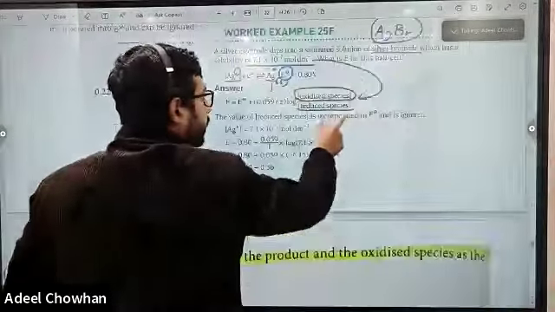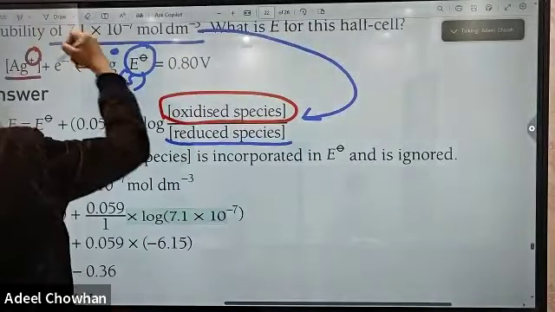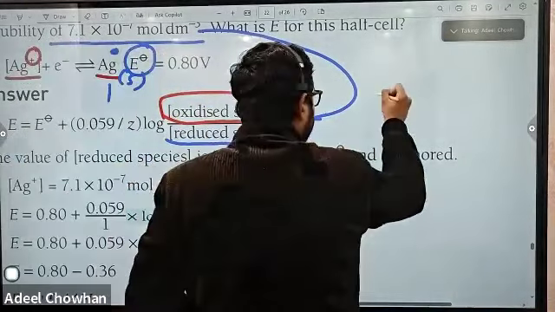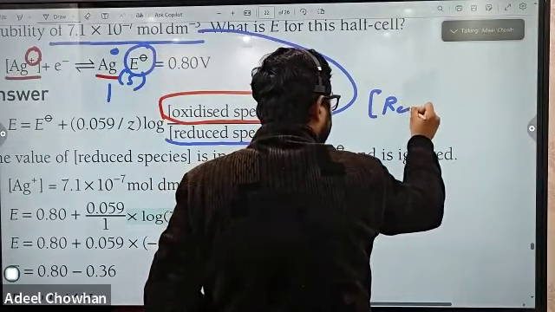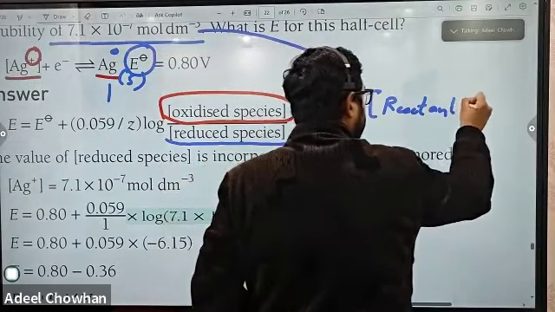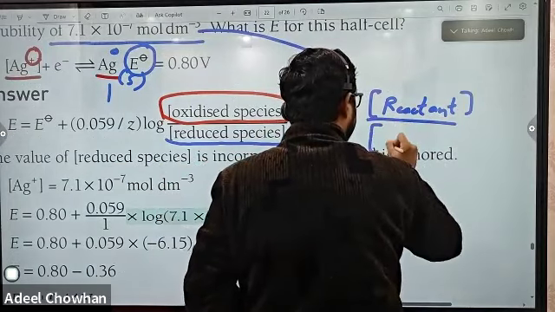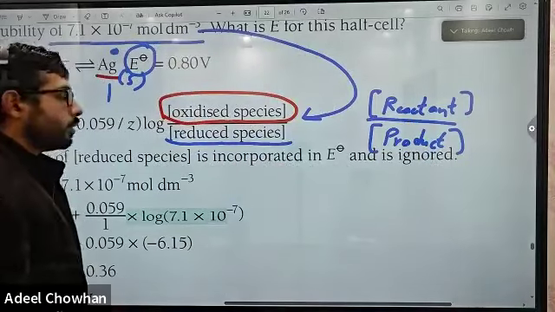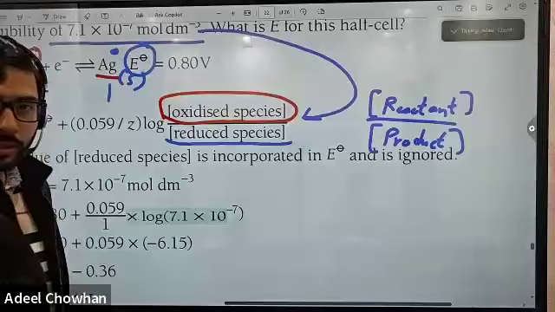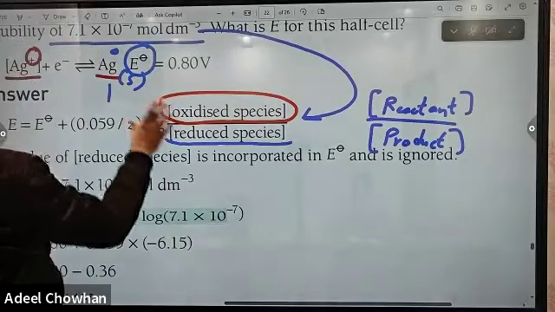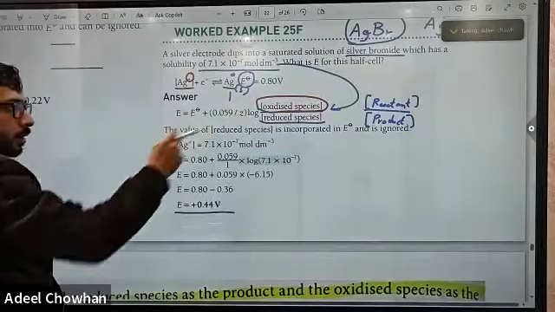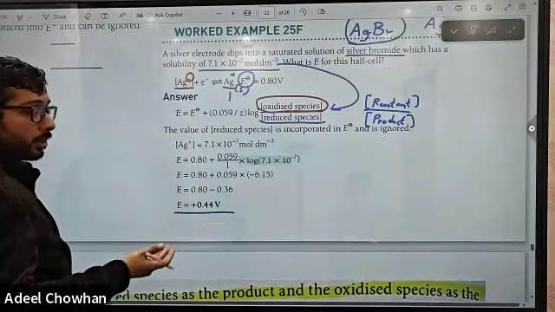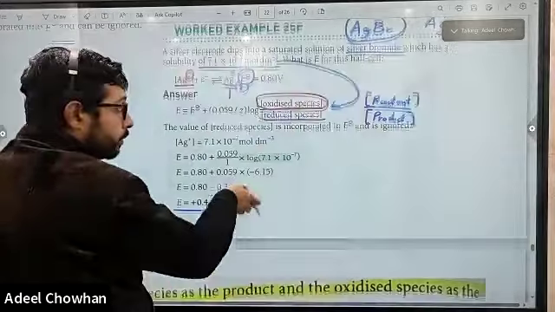In other words, you can also amend this formula so that in the numerator you have the reactant concentration divided by the product concentration, because the product is the reduced form and the oxidized is the reactant. But the more valid expression is oxidized species divided by reduced species. But in some cases, if you do not get the oxidation numbers, you can also use that formula.